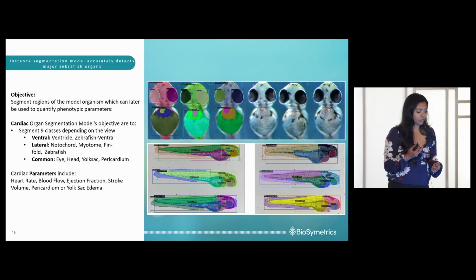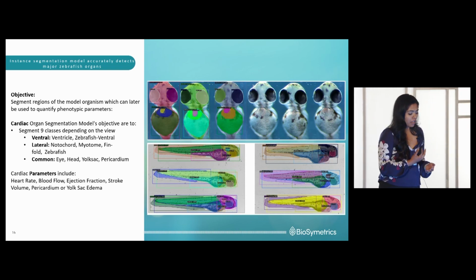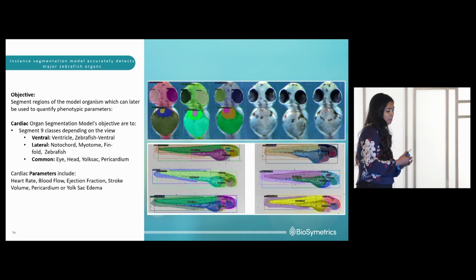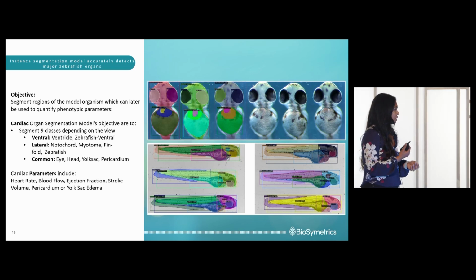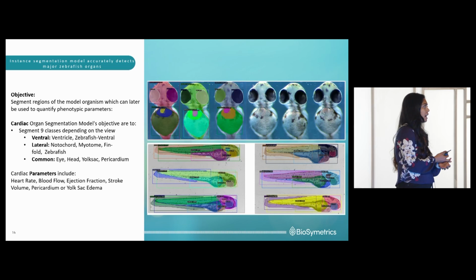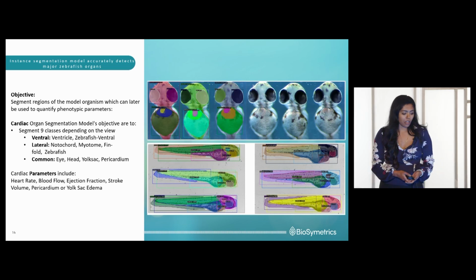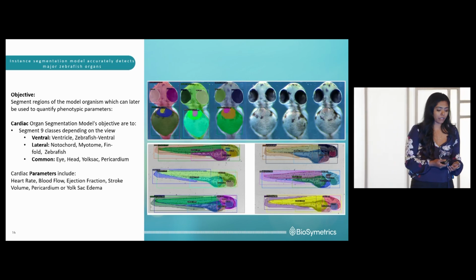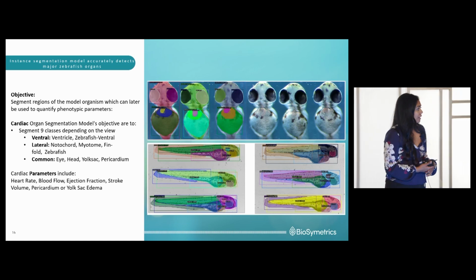So in ventral, you had the ventricle, zebrafish. Lateral, you had notochord, myotome, finfold, zebrafish. And then there was a bunch of labels that were also common labels like eye, head, yolk sac, pericardium. And all of these organs were later used to calculate or quantify different cardiac parameters, all listed below.